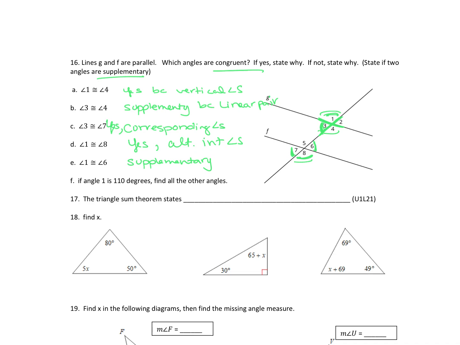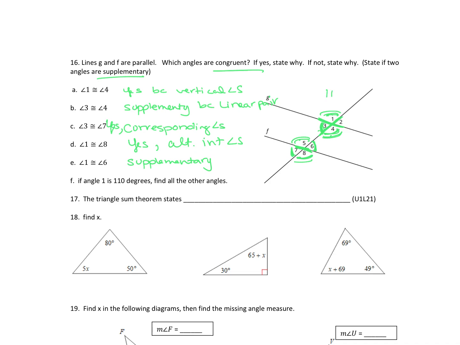Another reason is angle 6 and angle 5 are supplementary because they are a linear pair, and 5 and 1 are corresponding. They would be the same measure, so 6 would also be supplementary to it. And lastly, 6 and 4 are same side interior, which means they're supplementary, and 4 and 1 are congruent because they're vertical. So 1 and 6 would also have to be supplementary.